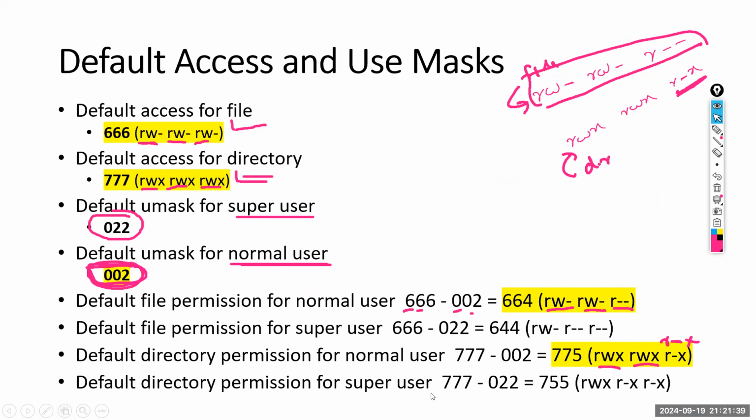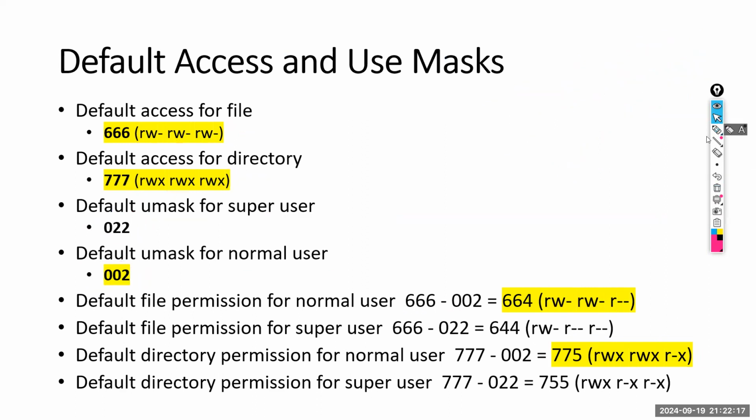But if it is a super user, it will be 755 because the default mask is 022 for the super user, the admin user. That is how I got this privilege for a file and this privilege for a directory, because the umask for a normal user is 002. So 777 minus 002 is this. Okay, any questions?